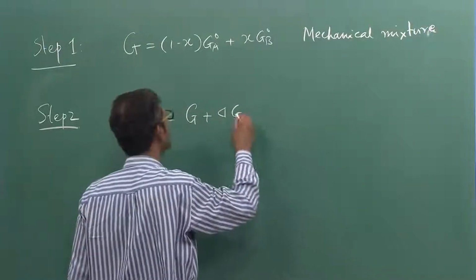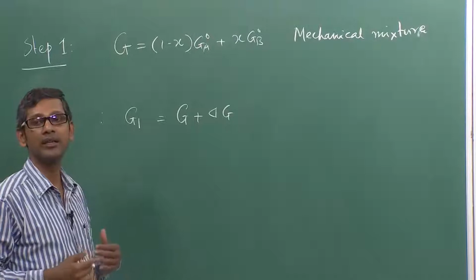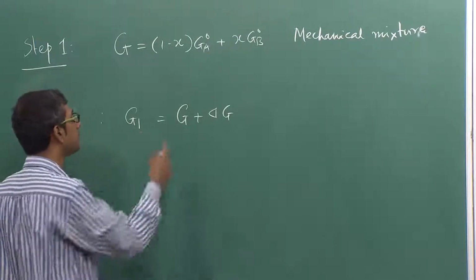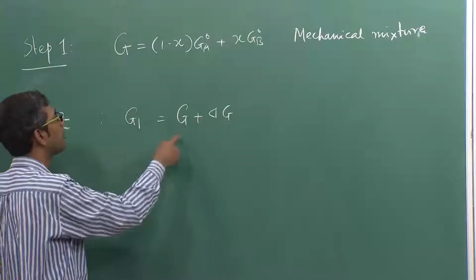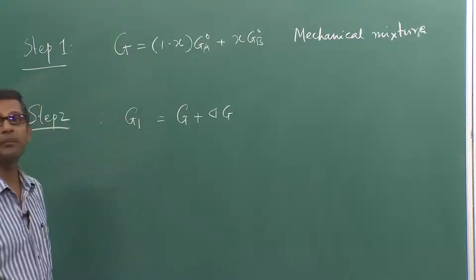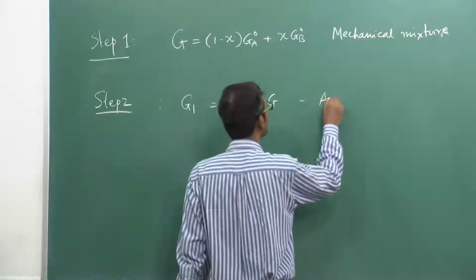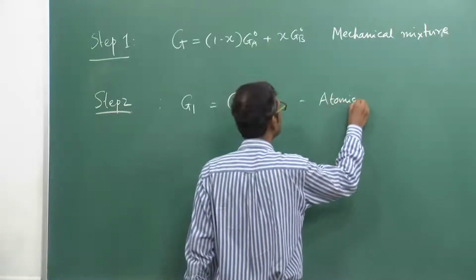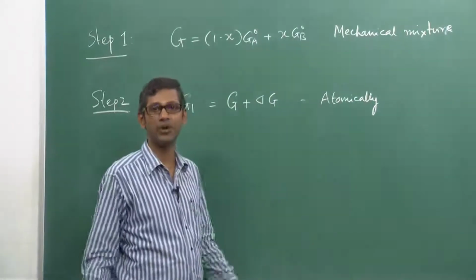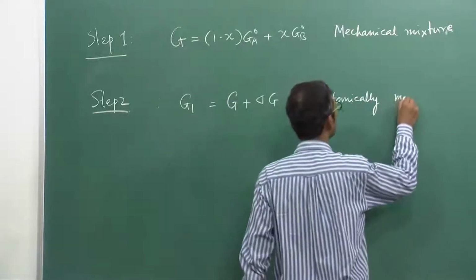Now, if you add them together atomically, just like a solution, let us say if you add sugar in water or coffee in milk, then what will happen? The free energy of the total system will be equal to this G plus an additional term which comes because of the atomic mixing, because in a sugar syrup or in a coffee and milk mixture, atoms are mixed atomically.